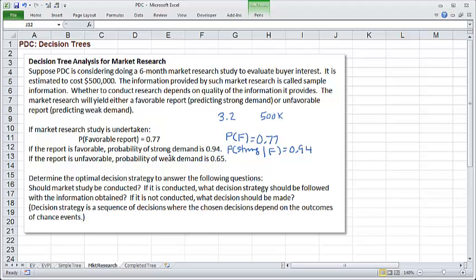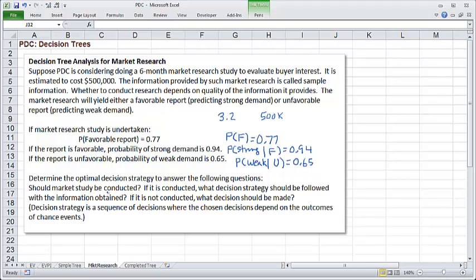Here we are given the report is unfavorable and the probability of weak demand is 0.65. So probability of weak demand given unfavorable report is 0.65.